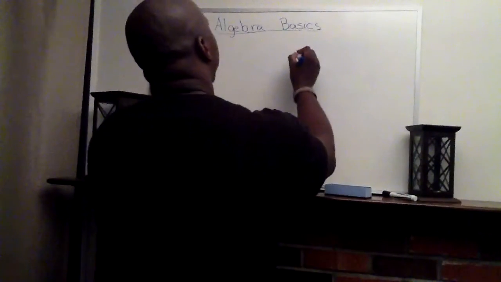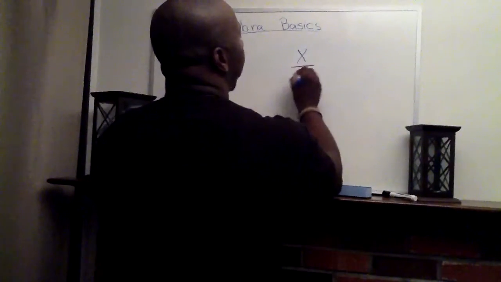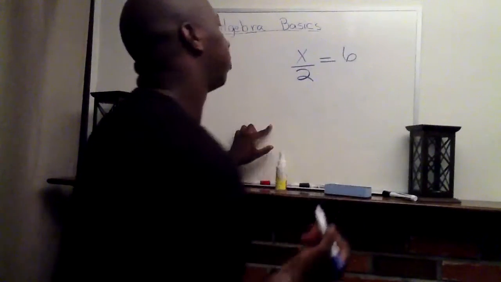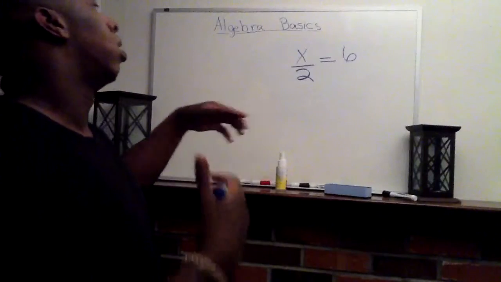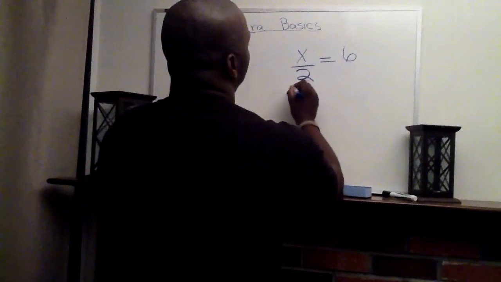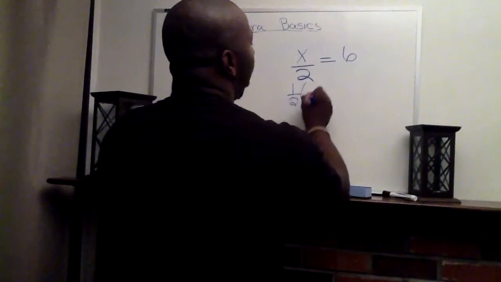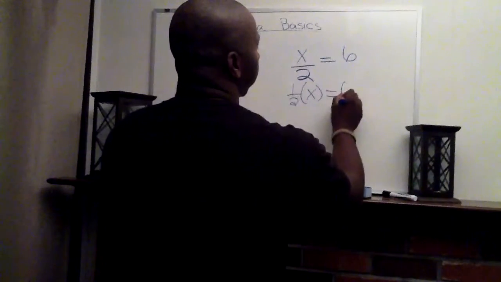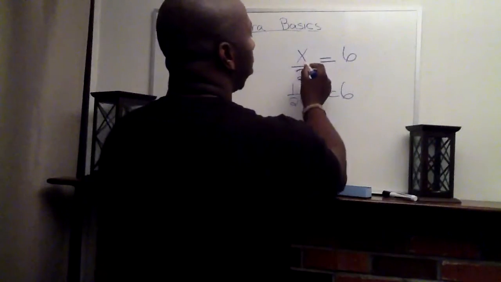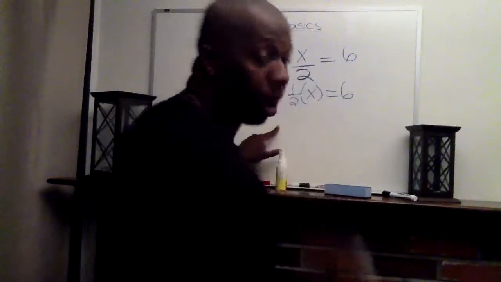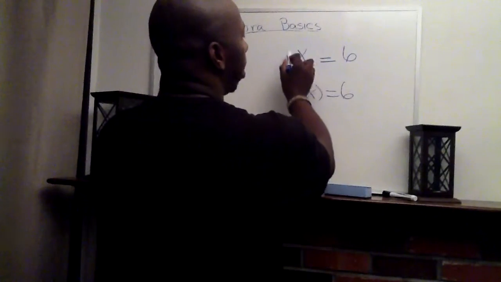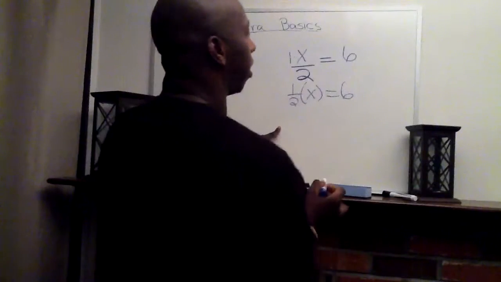So, let's say you have x divided by 2 is equal to 6. What you might see is 1/2 times x is equal to 6. And now, here's something else. Whenever you have a variable over a number, you can assume it's implied that there's a 1 there.